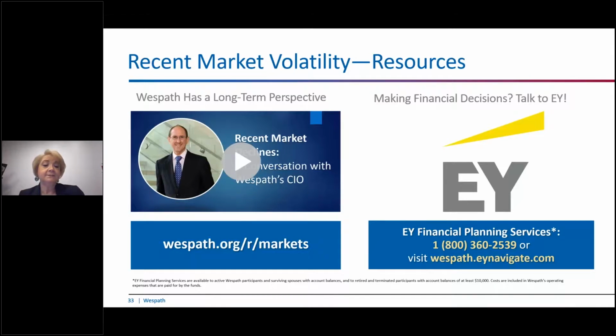We understand that this may not be your only fund here at the United Methodist Personal Investment Plan. Maybe you have other ones. Maybe your spouse has other plans, other funds through something else. So you want to make sure that you're thinking about the whole picture and not just one piece of it. So EY can be a great benefit and resource for that.